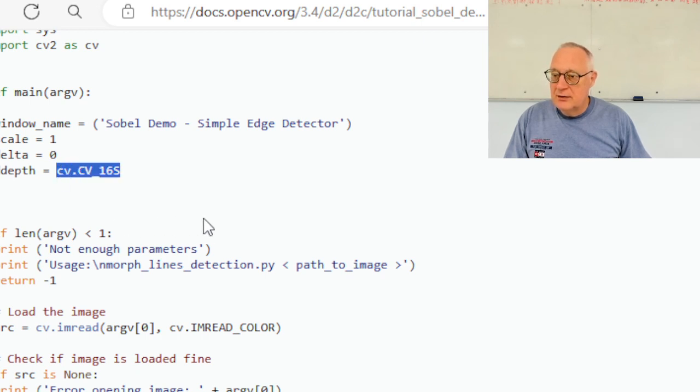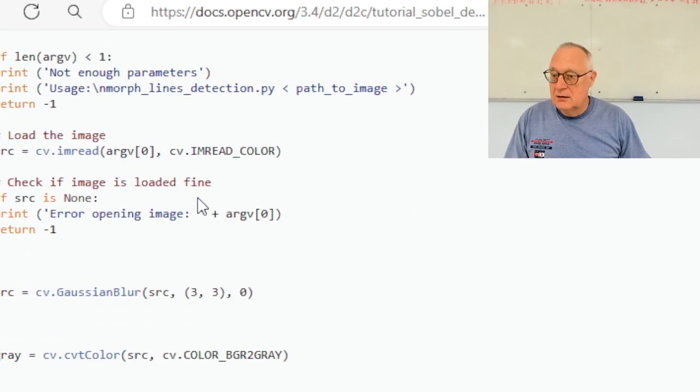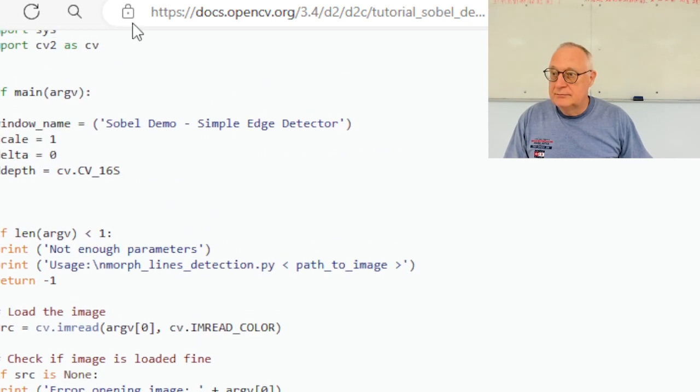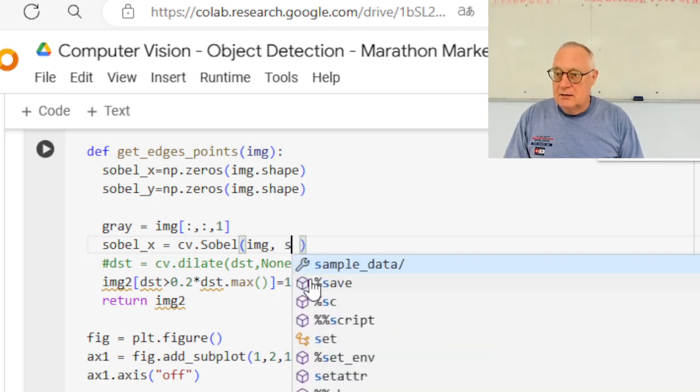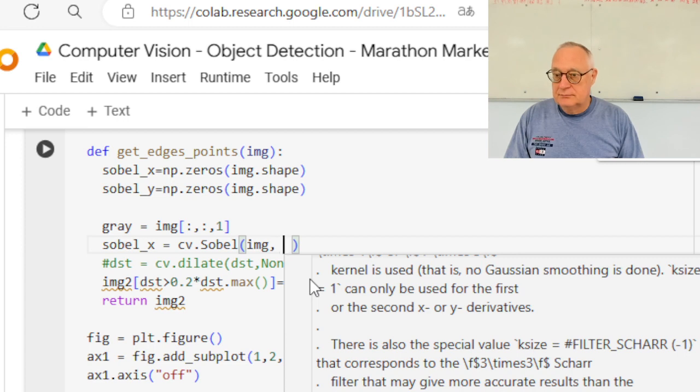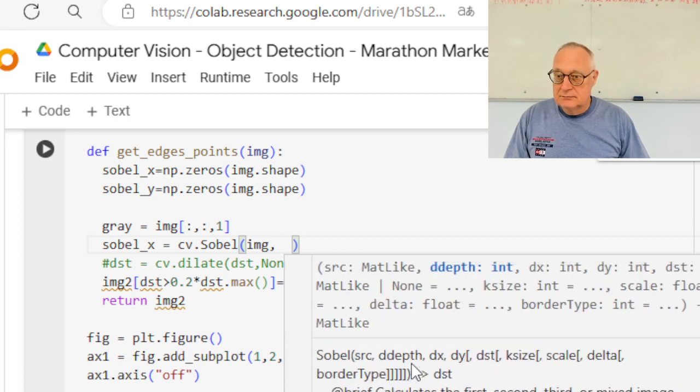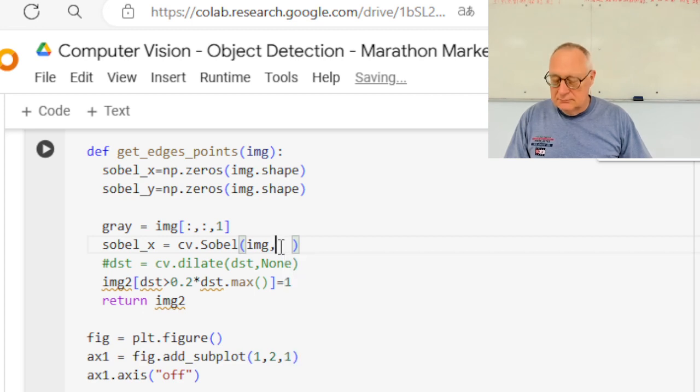Did I even specify that? Dx is 1, dy equals 0, case 3.